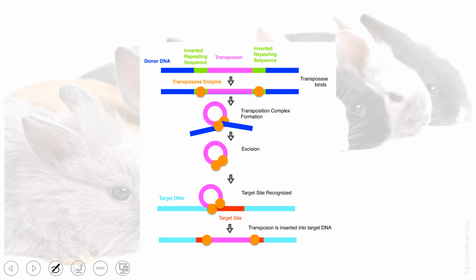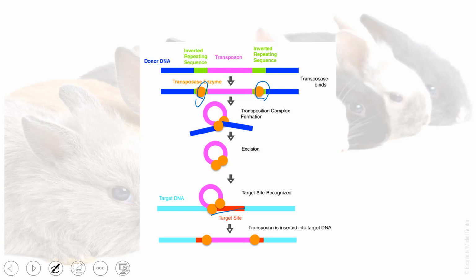And here you have an enzyme called the transposase enzyme that will cut out this particular section, and then you have other machinery that will physically cut this section of DNA out of this portion of the genome and then insert it at the target site.